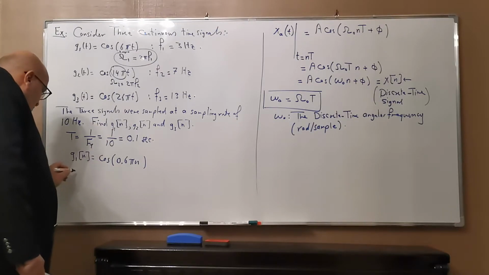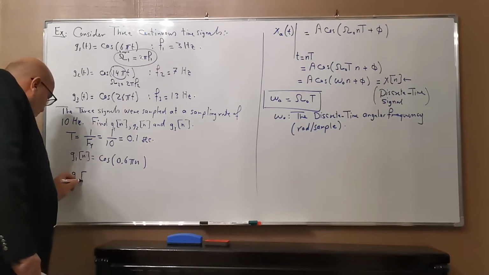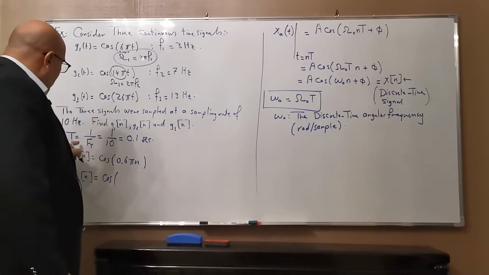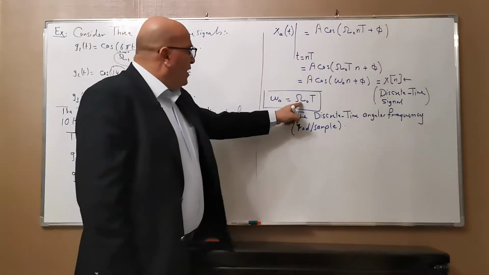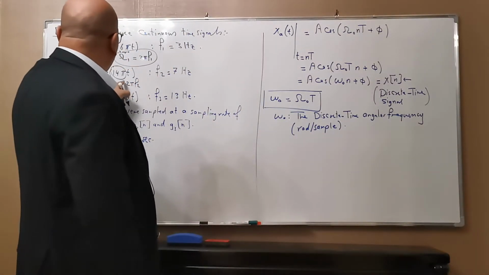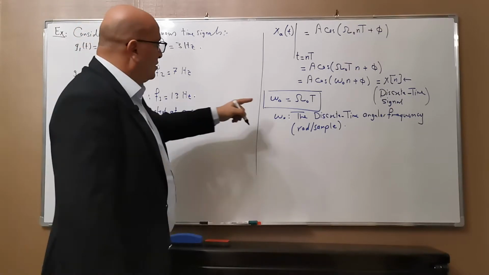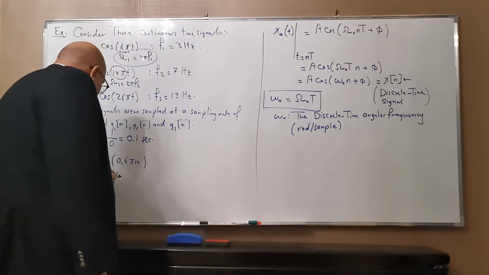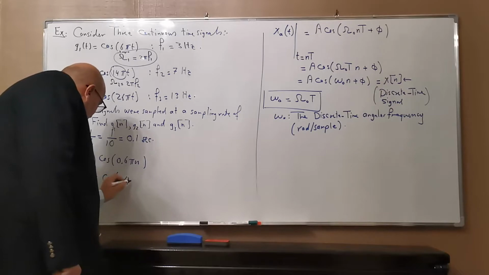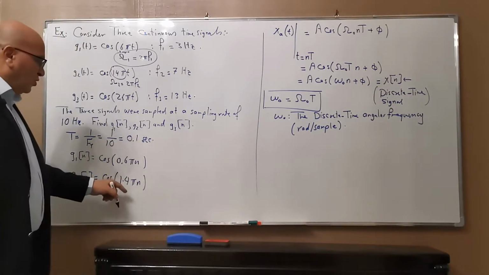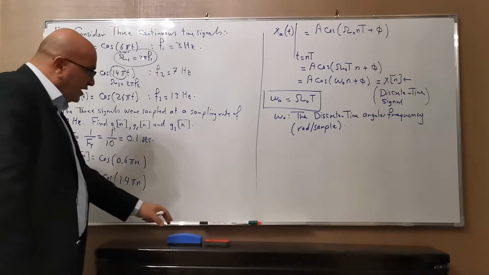g2 of n equals cosine. Omega 2 is 14 pi radians per second times 0.1, so we will get 1.4 pi n, and it's 1.4 pi radians per sample.